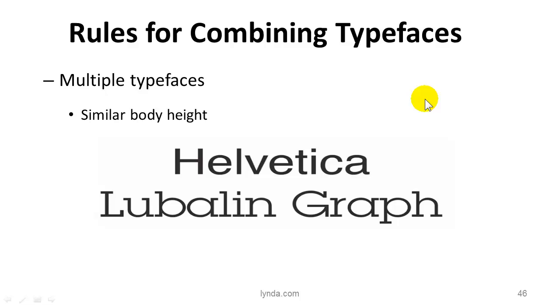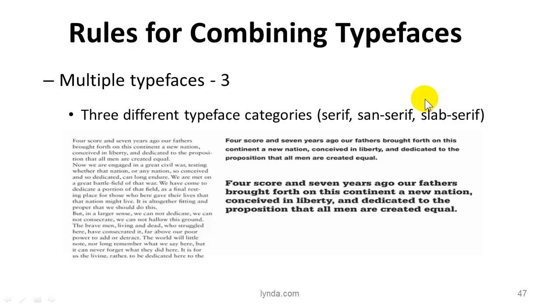Typefaces with similar body height works well. If you're using 3 typefaces, these are generally good categories. And here we have an example of 3 paragraphs with 3 different typefaces, and it seems to work well together.